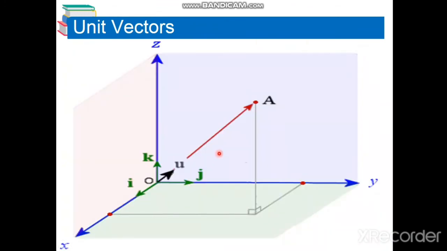So in this figure, here is the representation of i, j and k in a Cartesian plane. This is for 3 dimension. For 2 dimension, only i and j are included. k will be excluded for 2 dimension, and in 3 dimension all are included, that is i, j and k. i along x-axis, j along y-axis and k along z-axis.